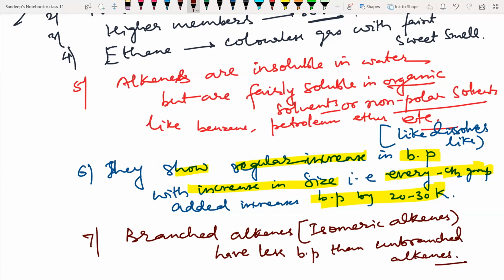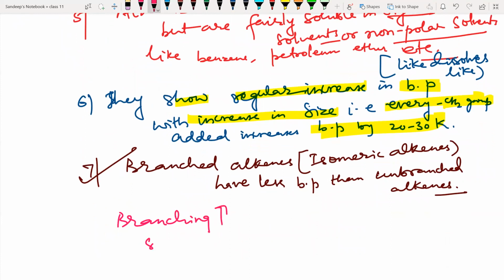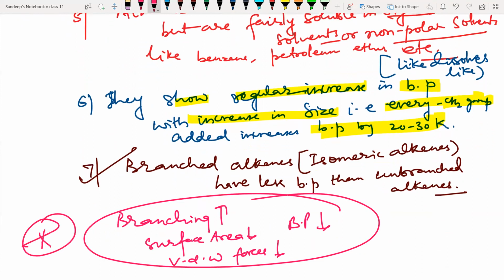So branching decreases the boiling point. As branching increases, surface area decreases, van der Waals force decreases, boiling point decreases. So keep this in mind. This is very helpful.